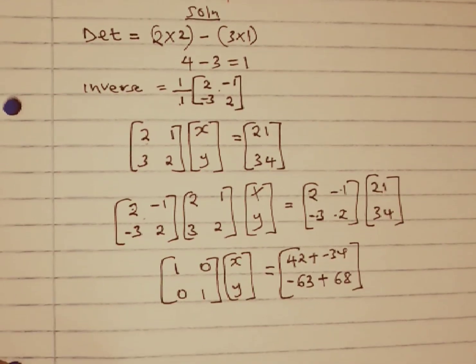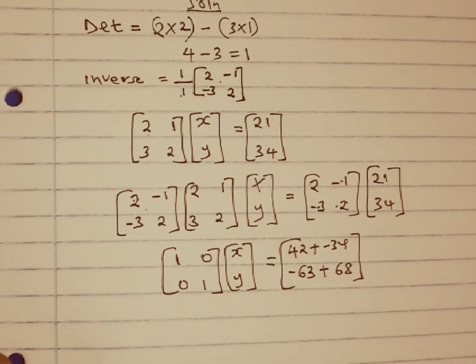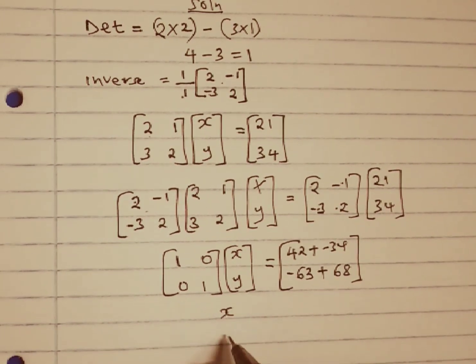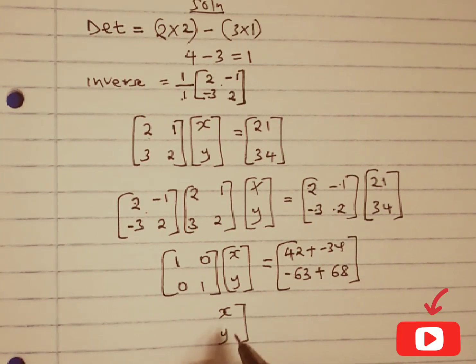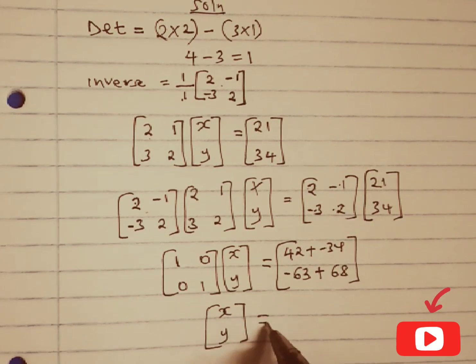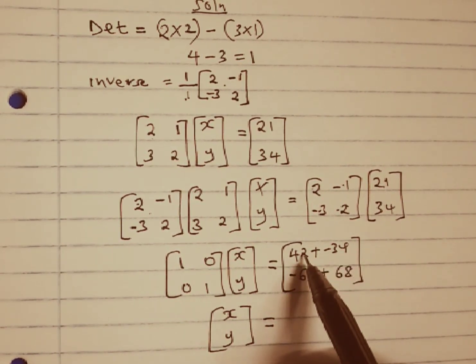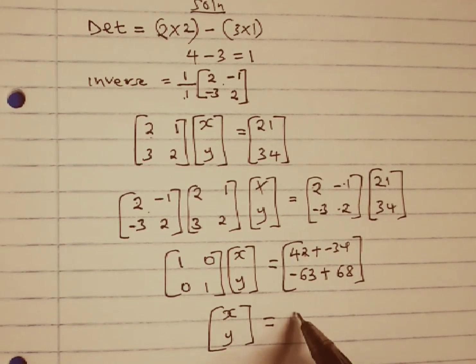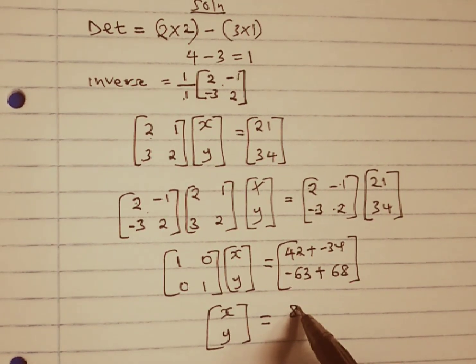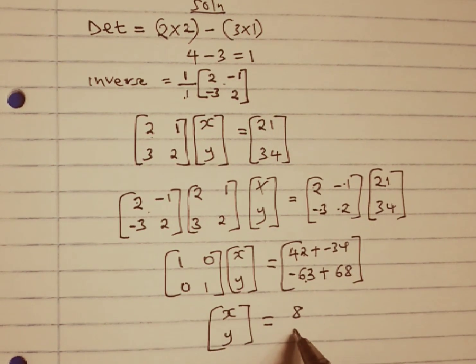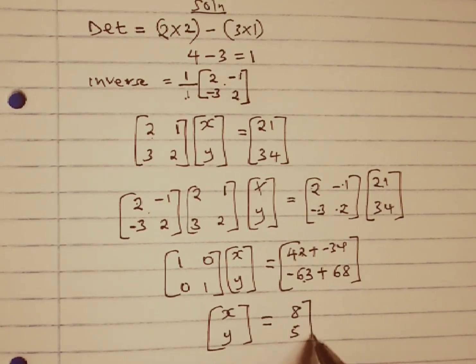We can now move down and drop the identity matrix such that we have our xy being equal to 42 plus minus 34 is the same as 42 minus 34, which is 8. And then negative 63, you add 68, you get positive 5.